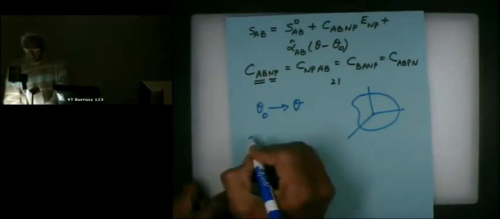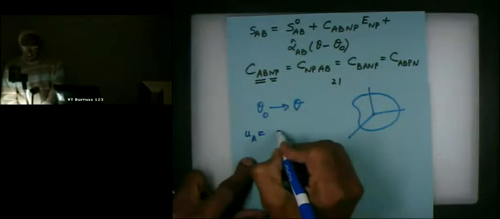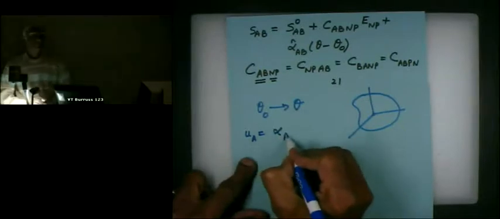So the displacement of any point, let's assume we have taken care of the rigid body motion, so it's not going anywhere. This is the coefficient of thermal expansion. That's like the change in length per unit length per degree temperature rise.